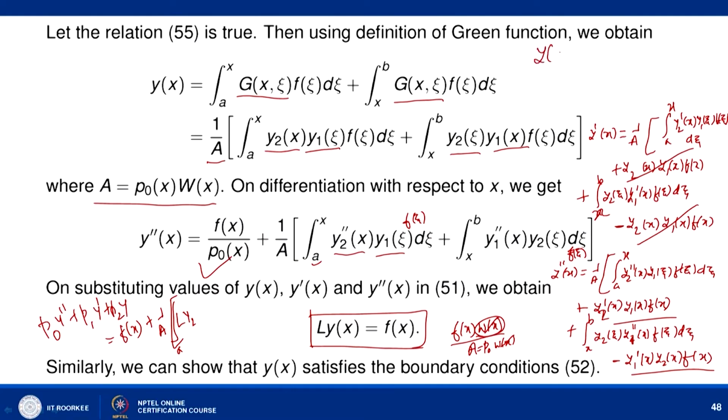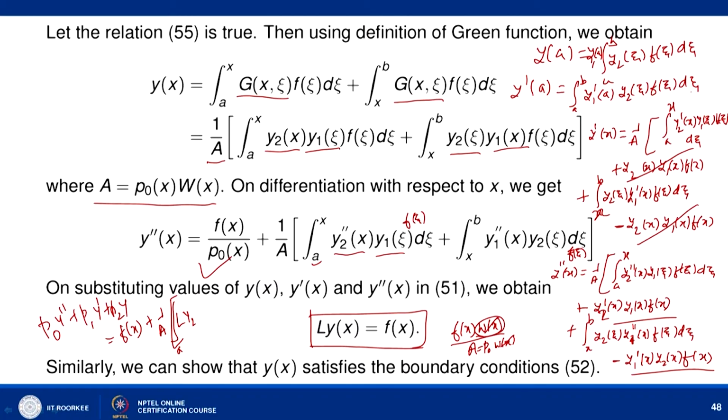If you look at y of a, you will get the integral from a to b, and here you will get y1 of a, and this is y2 xi f xi d xi, and similarly your y dash a will be what? y dash a will be simply the integral from a to b, and y1 dash a you can take out, y1 dash a y2 xi f of xi d xi.